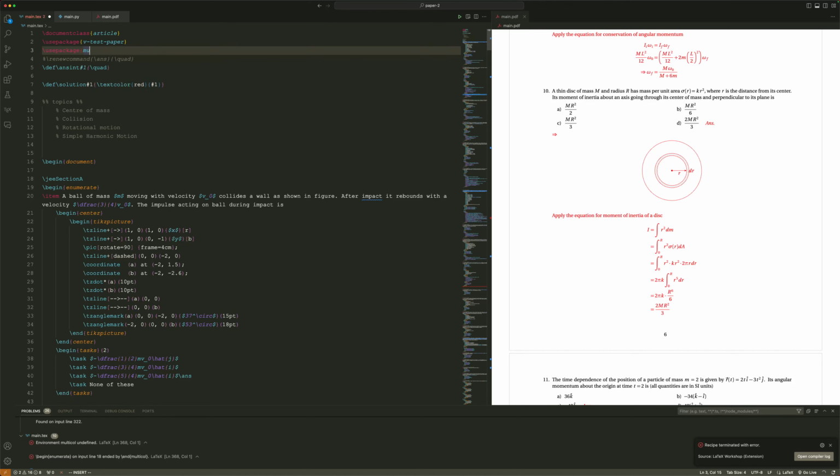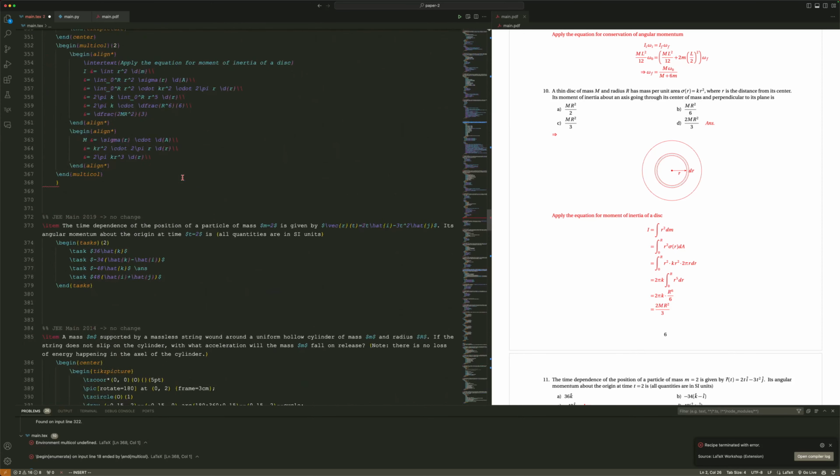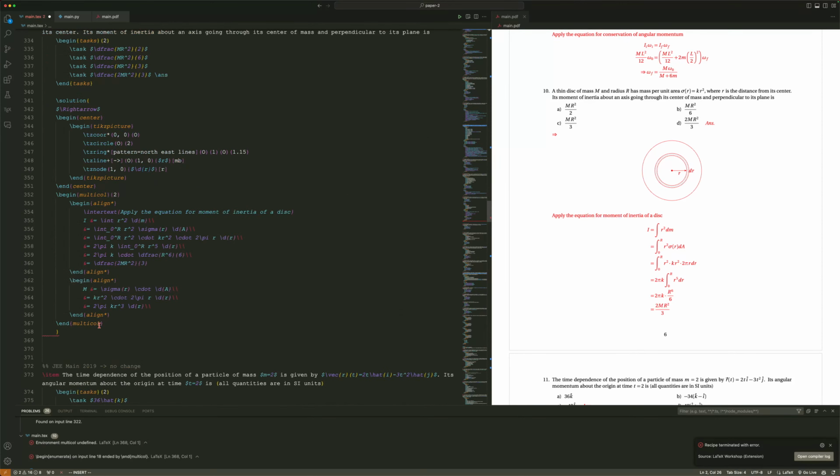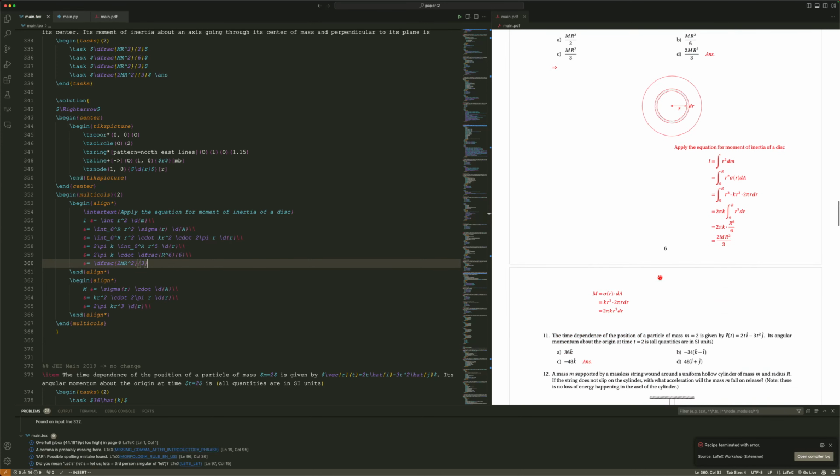No, sorry. I think this is multicols, not multicol. So this is multicols, and now we can check this out. Oh yes, as you can see, we ran it successfully.